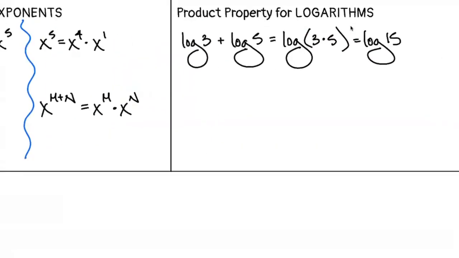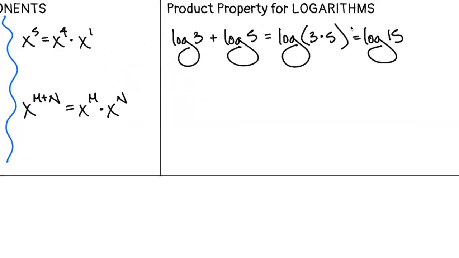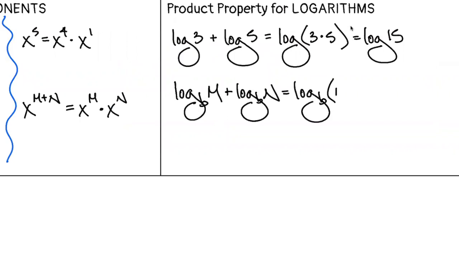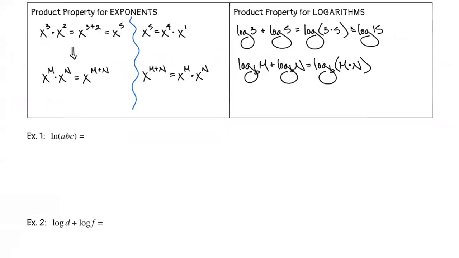And so if we were to generalize this, we might say log base b of m plus log base b of n equals log base b of m times n, because the base could be anything. So in general, if I have 2 logs and they're the same base, and I'm adding them, it could be equal to a single log with that base and the product of those two things.